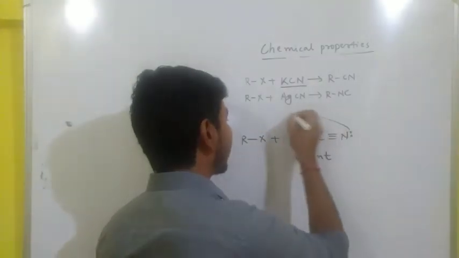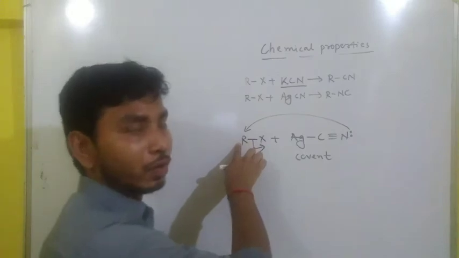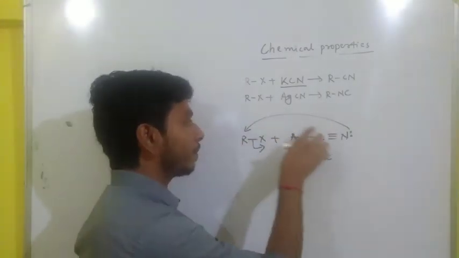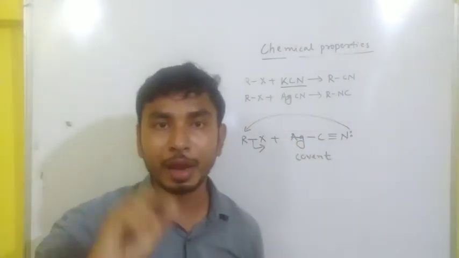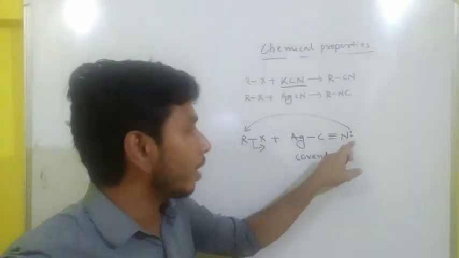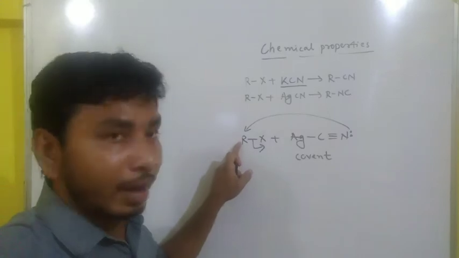Now the nitrogen will attack, that is, nitrogen will attack the alkyl group. Attack with the carbon is not possible, because carbon does not have any electron pair. Only the nitrogen has an electron pair. So this nitrogen will attack the alkyl group.